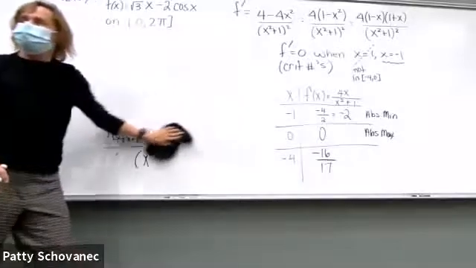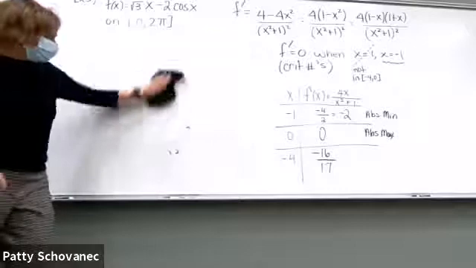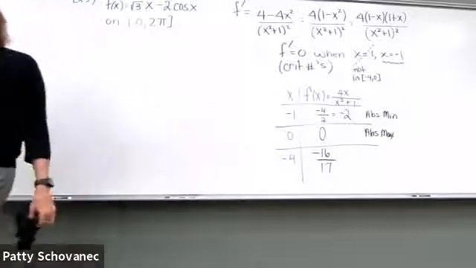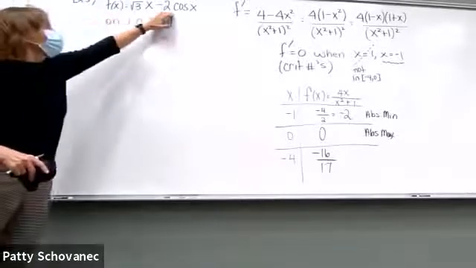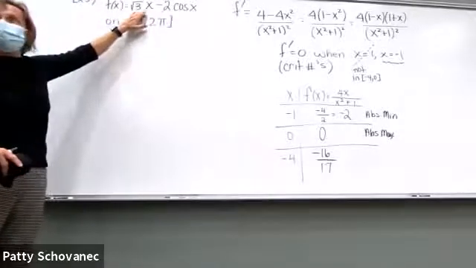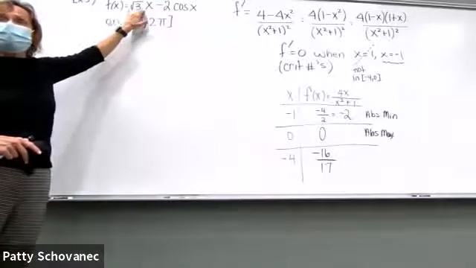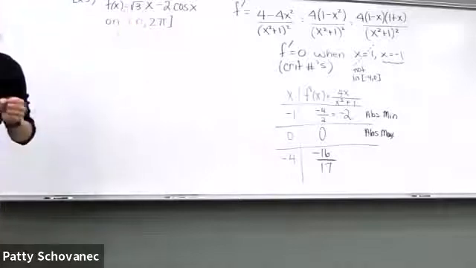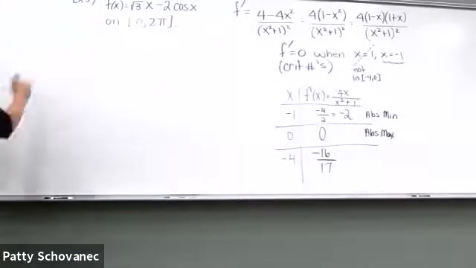What do you know about the cosine of x? Got a picture of it in your head? Cosine of x is a continuous function, right? So if I combine a continuous function with another continuous function, like a polynomial of some sort, the difference between two continuous functions is continuous. So I have a continuous function on a closed interval.